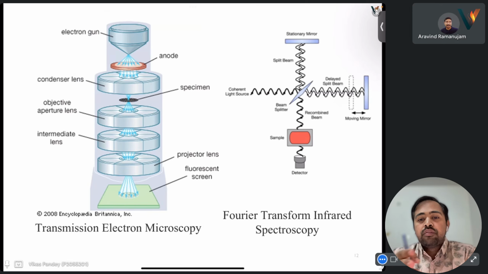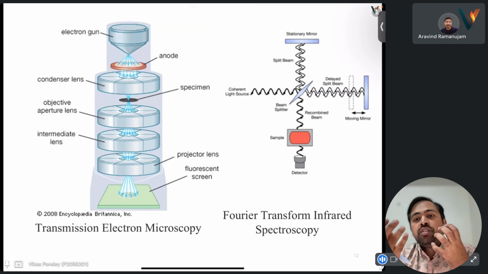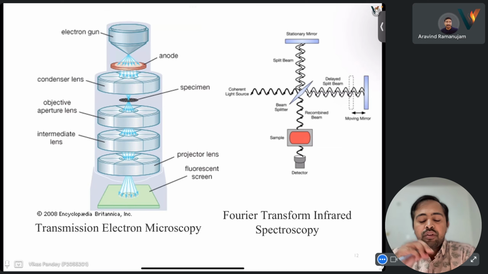Whereas Fourier transform infrared spectroscopy is very much about the composition of the material, the sample. In this case, the Fourier transform of the IR spectrum is taken, and it gives what is inside, or the chemical composition of it.